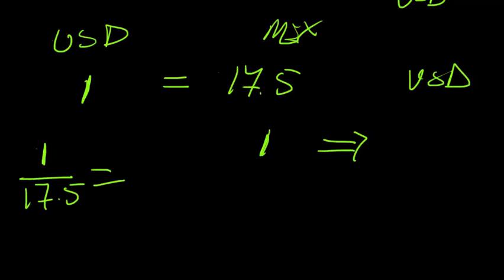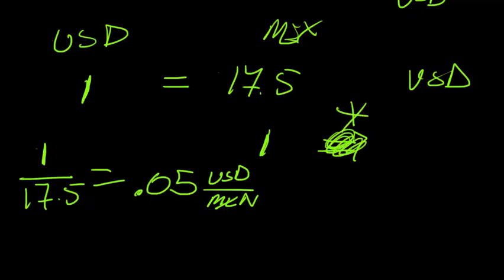You can do this on your calculator, and you should expect to be able to calculate this on an exam. 1 divided by 17.5 is equal to 0.05 US dollars per Mexican peso, MXN. So this is going to be 1 times 0.05 equals, and so it equals 5 cents, obviously, 0.05.